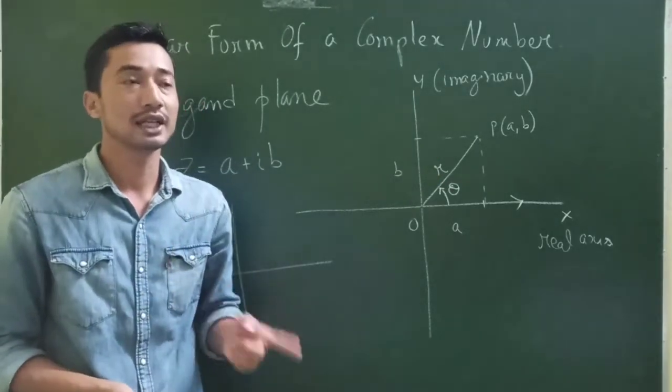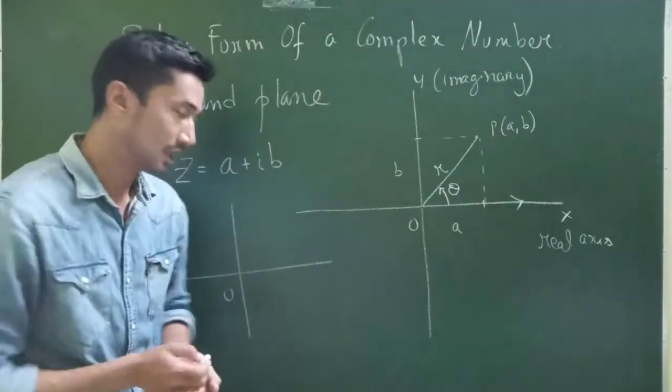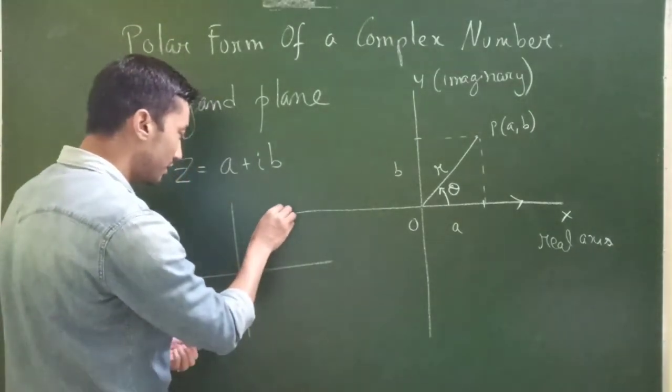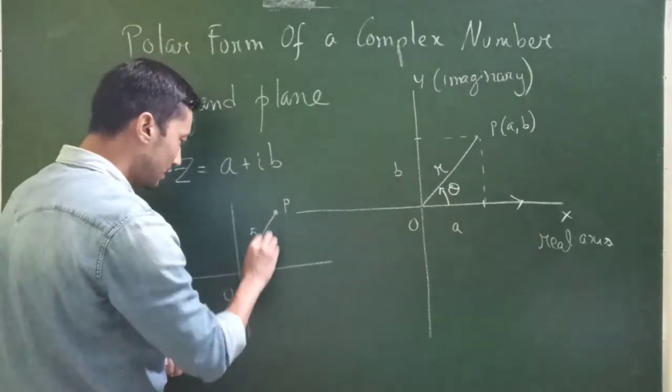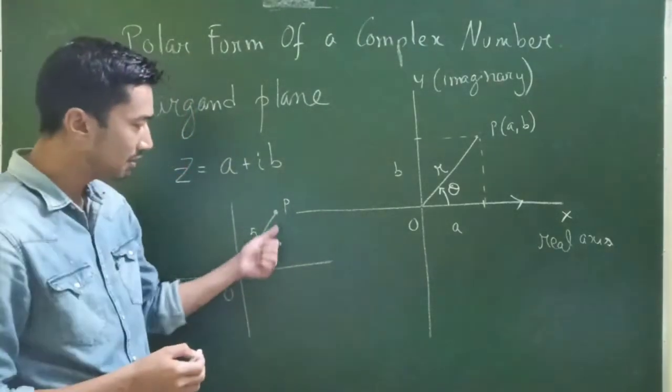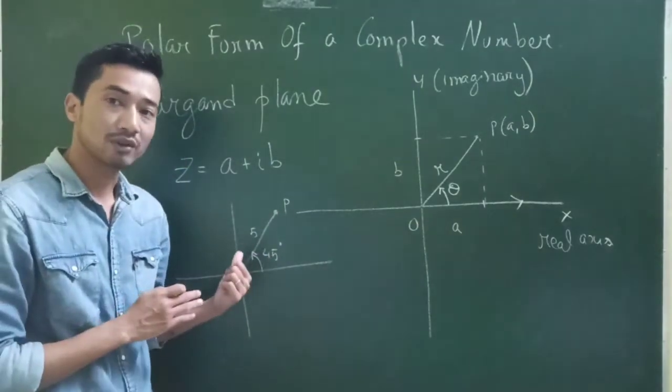We all know that the angle is always measured anti-clockwise. So in that case, 5 units from the origin and making an angle of 45 degrees, that's how we can easily locate the point P also.